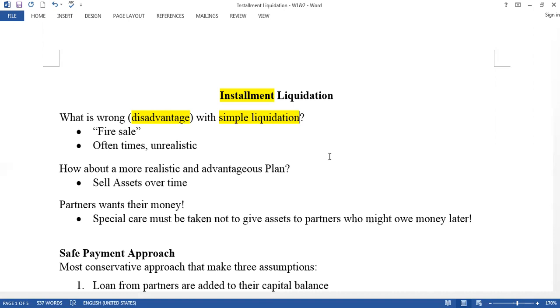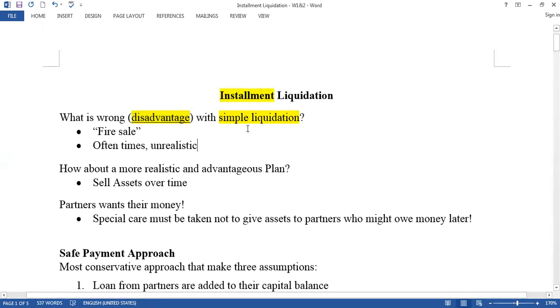The installment method is quite acceptable because it is a very conservative method, and in accounting we are always looking for the conservative method, right?